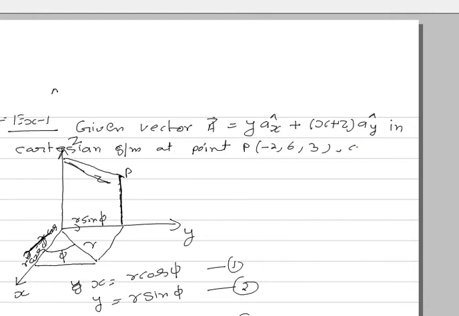Convert the vector A in cylindrical coordinate system.